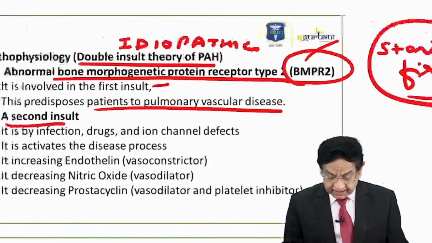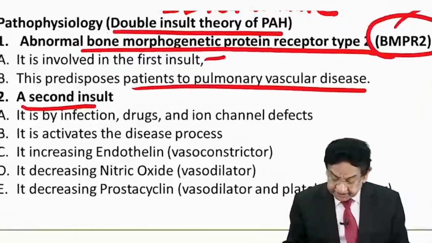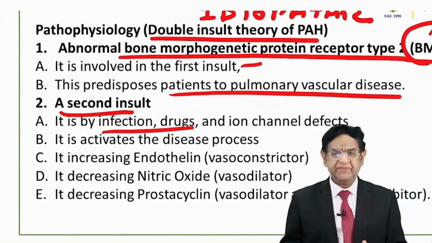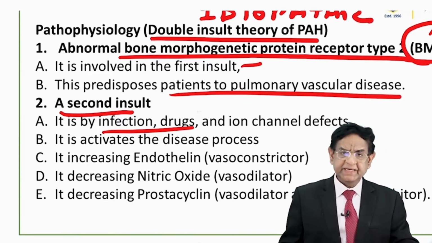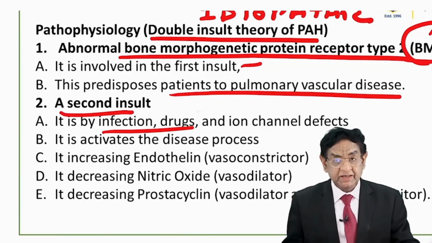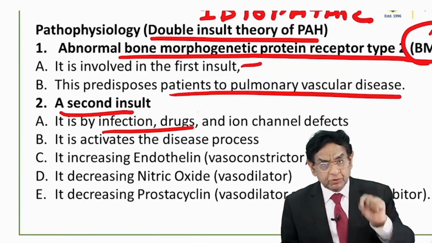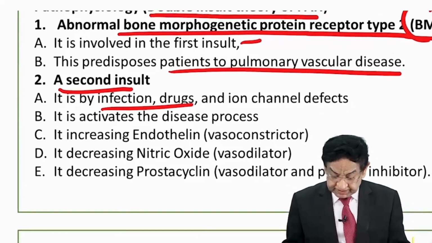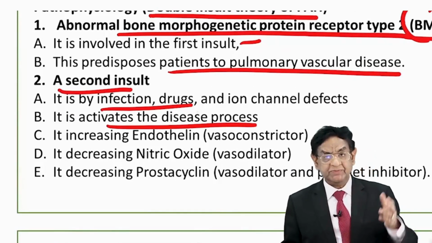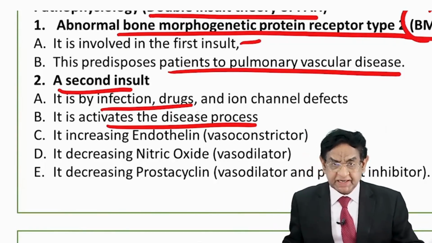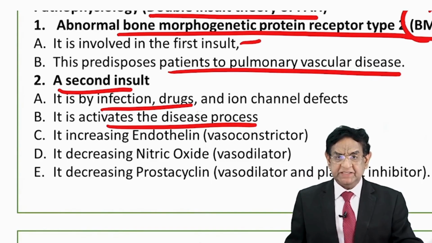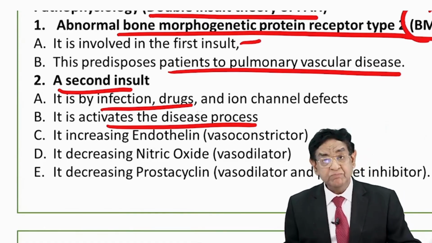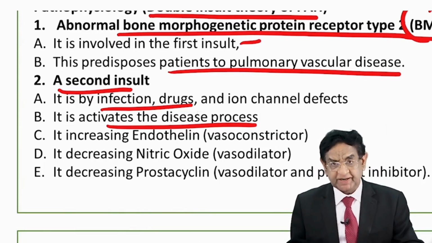Now that will be done by any infection or drugs. Any infection or drugs, a huge list I gave you, can start it. Now what are they going to do? They activate the disease process. I told you the way we started the car with the key, now the car has to move. So now the second insult will lead to the movement of the car, or so-called activating the disease. How come?